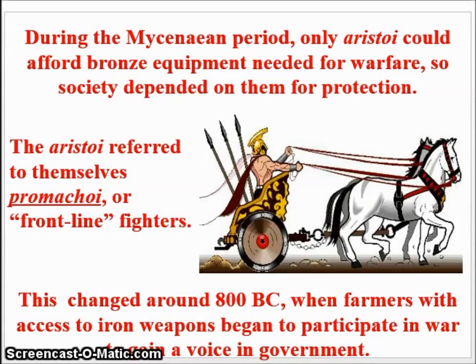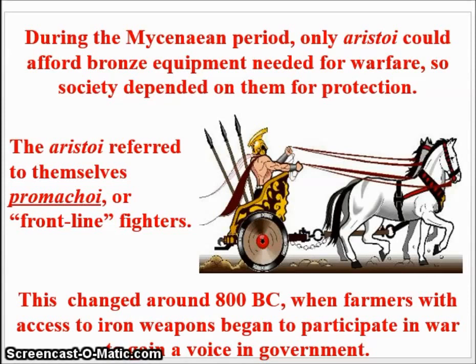And when iron becomes available, that is cheaper. It's more available, and we see more people with less resources being able to use iron weapons to show up.